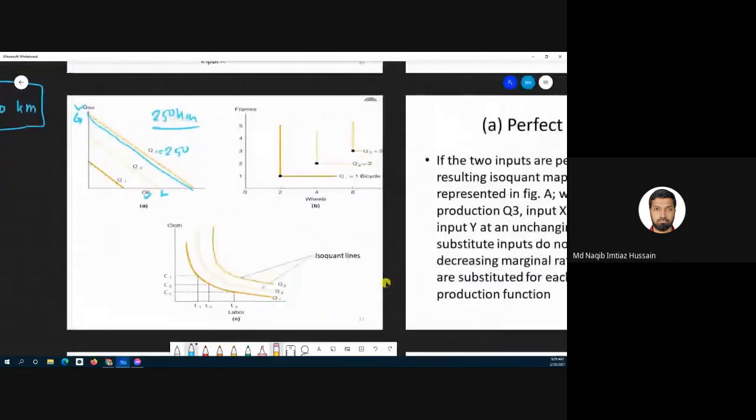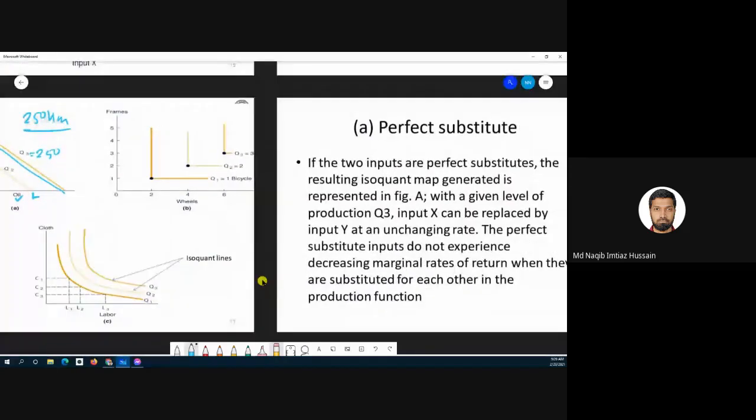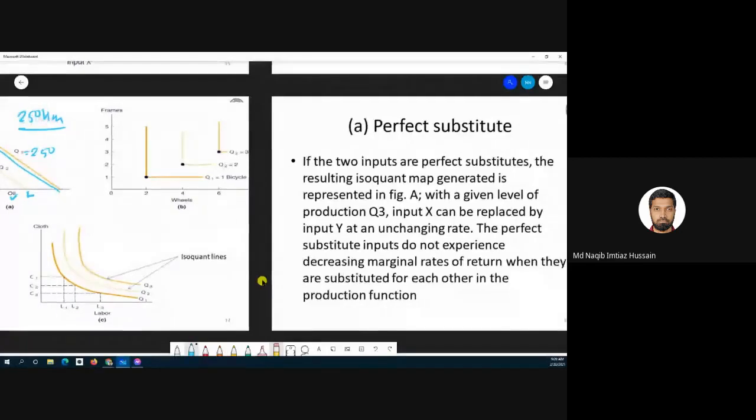And there is another extreme example. মনে করো you're building bicycles, ঠিক আছে? বাইসাইকেল বানাতে কি লাগে? বাইসাইকেলের ফ্রেম দরকার, একটা ফ্রেম, এটা একটা চাকা, and you have to have a handle, right?